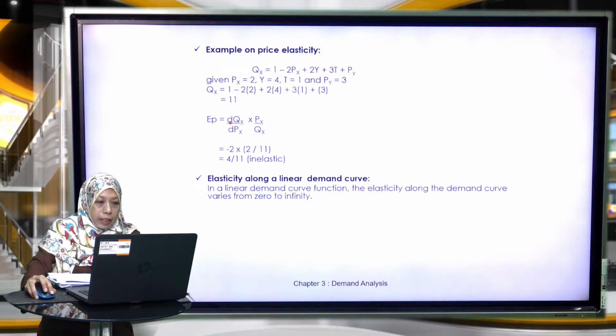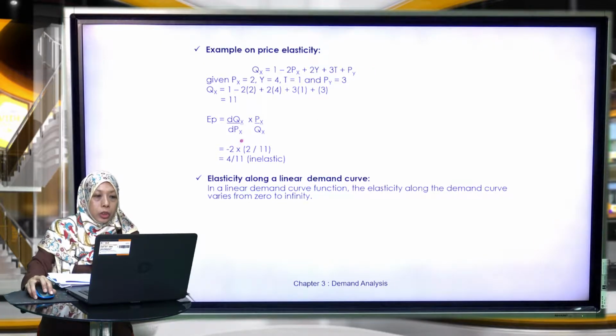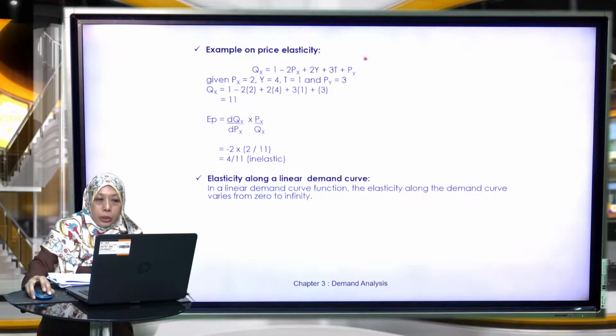So if you look at the first term here, you are required to differentiate your demand function with respect to Px. Remember you need to use the partial derivative formula, which requires you to differentiate with respect to price of X and assume the other variables are constant.